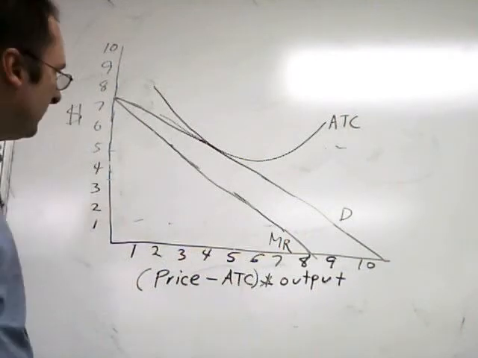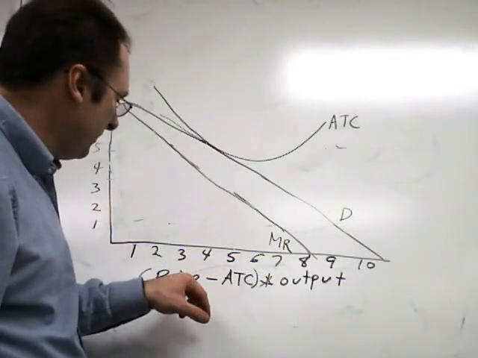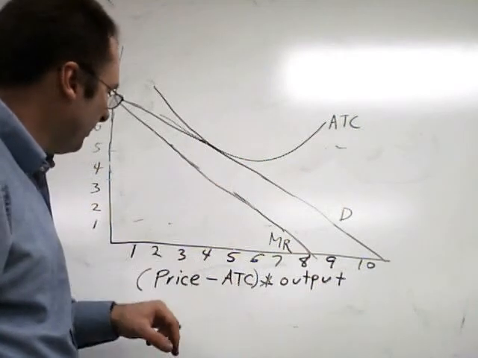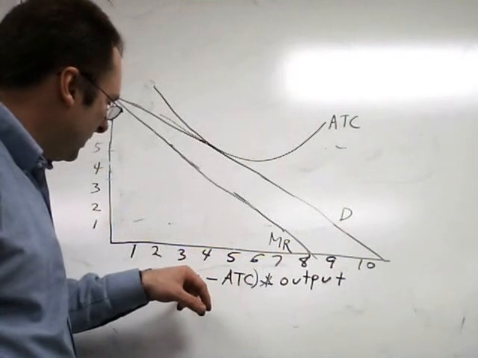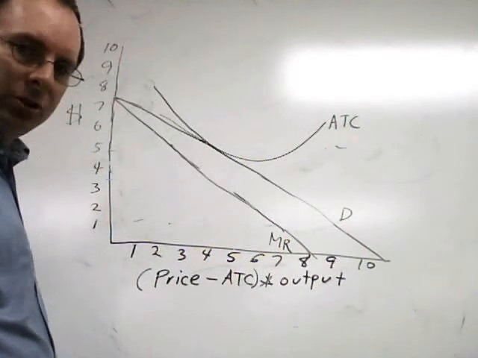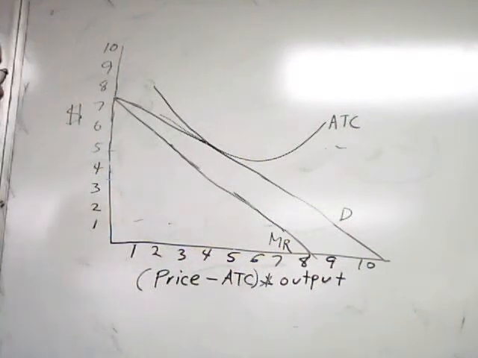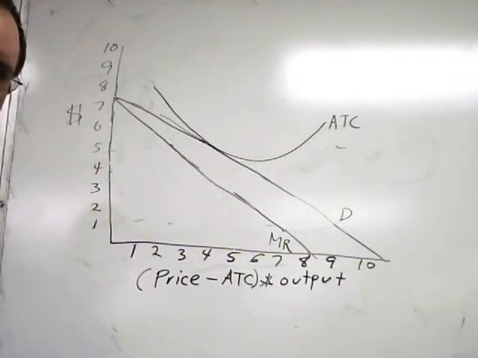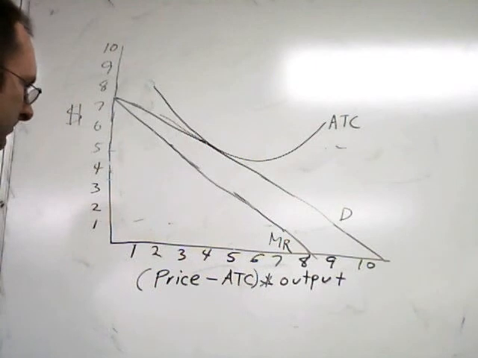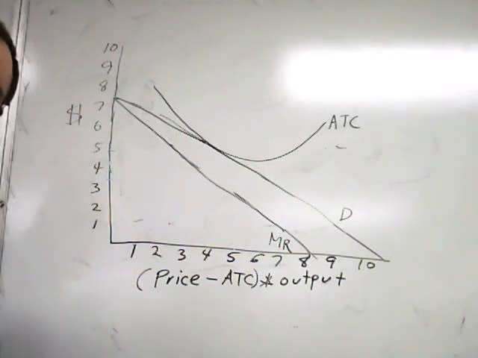And the reason that would be breaking even is because at that particular point where it just barely touches the demand curve, price minus average total cost would be 0. So they would be breaking even. And that's the imperfect competitor.